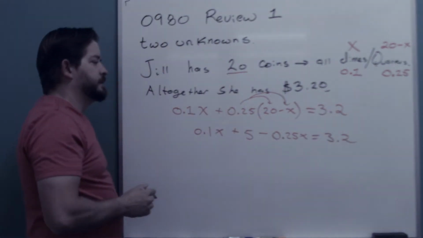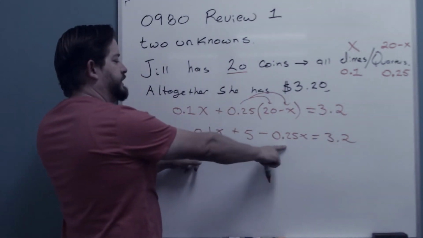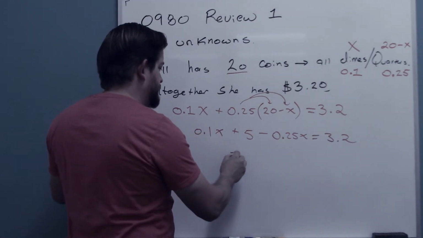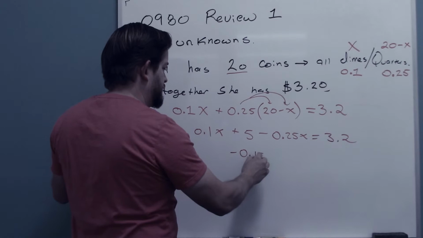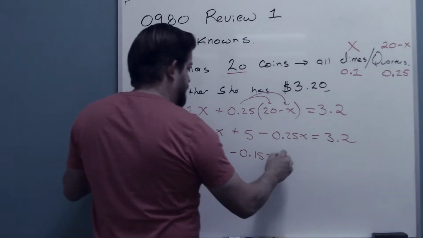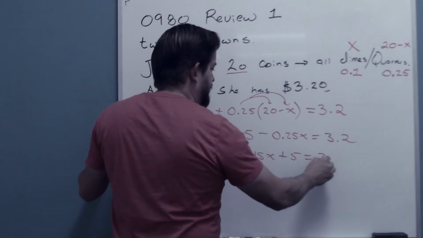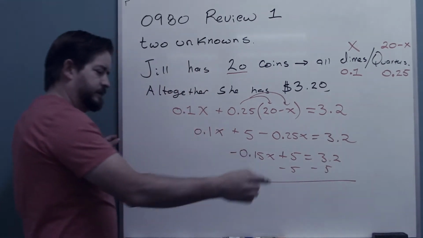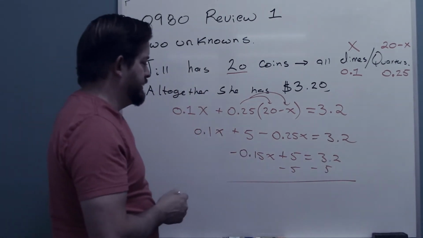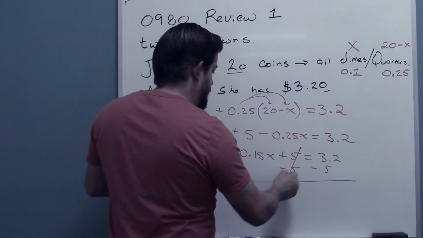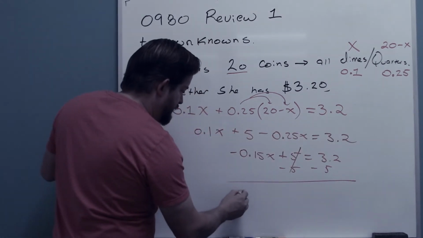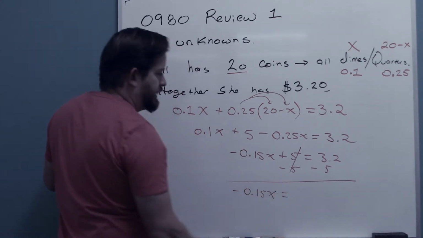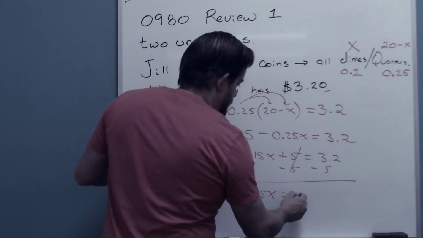Combine my like terms over here, this gives me negative 0.15x when I combine the x terms, plus 5 equals 3.2. Subtract the 5, right here, this is where autopilot starts to kick in. Subtract the 5, get it out of there. This leaves me with negative 0.15x is equal to negative 1.8.